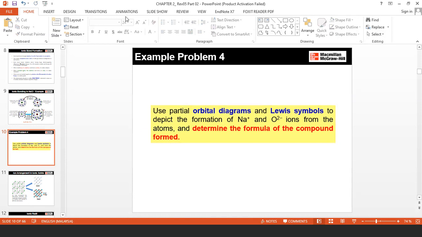So before you start, maybe you have to know the atomic number in terms of the electron configuration, for example, Na.